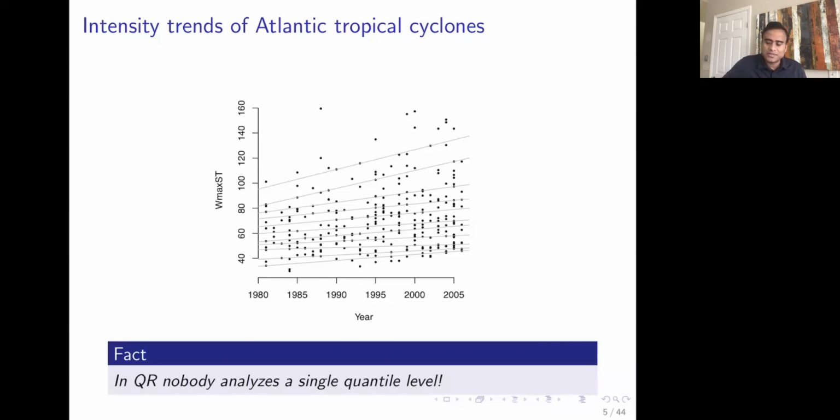So what you see in reality is results or analyses that present quantile regression carried out with many, many quantile levels of interest. I have been putting this in the kind of box that people reserve for theorems. I think this is sort of a real world theorem that nobody analyzes a single quantile level, generally speaking, of course.